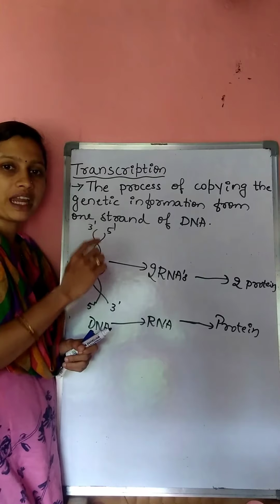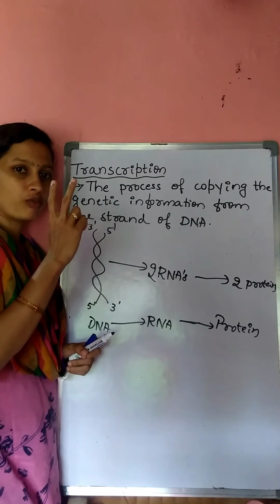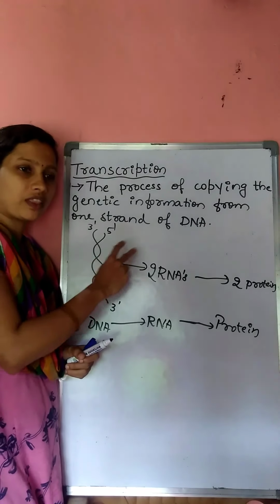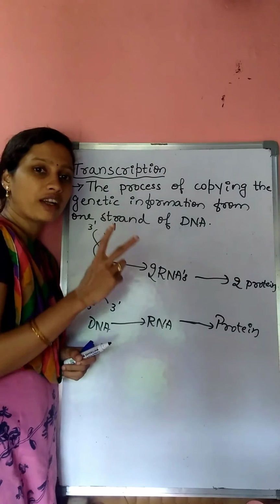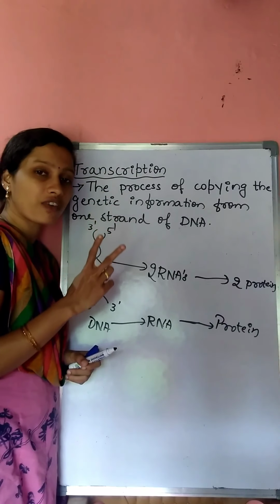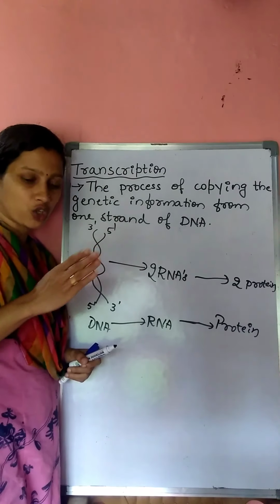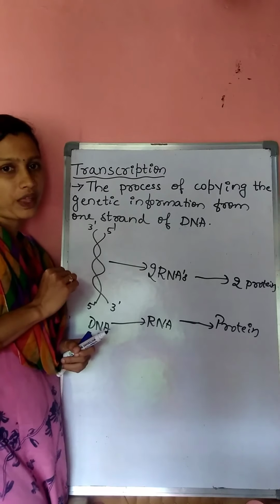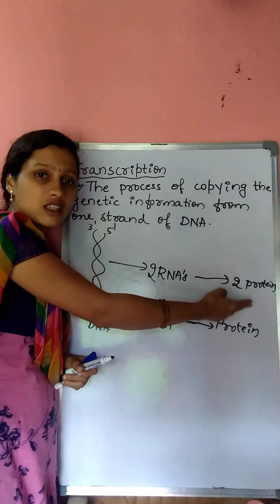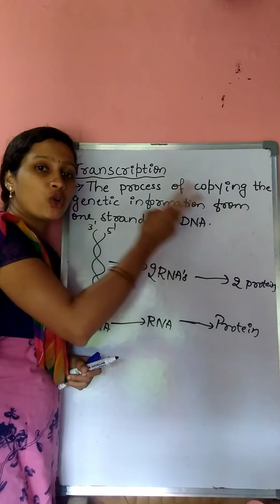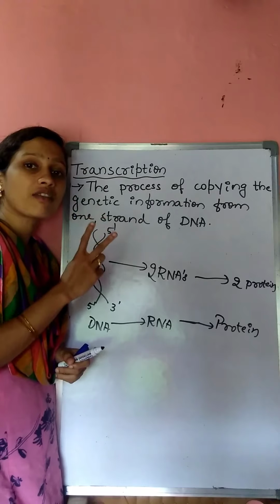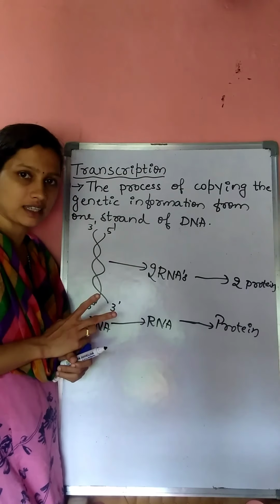Hence, only one strand of DNA is involved during transcription. The reason is, if both the strands of DNA are involved during transcription, then that would synthesize two different types of RNA having different nucleotide sequences, which may code for two different types of proteins having different sequences of amino acids.